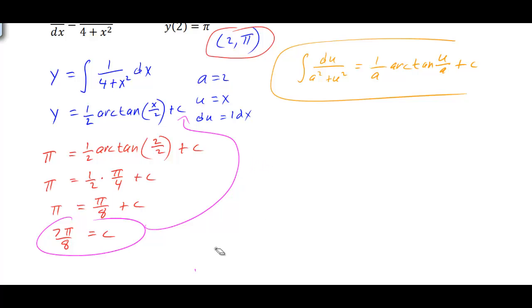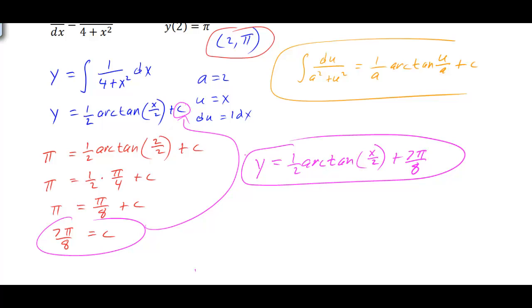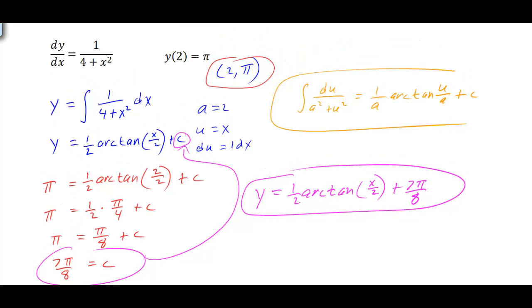So we would end up with y equals 1/2 the arctangent of x over 2 plus, instead of c, we're going to plug in the 7 pi over 8. So that's how we can solve for a specific solution here for the differential equation given that y of 2 equals pi. Now, if they didn't tell us that when x equals 2, y is pi, then we would simply leave this as plus c.